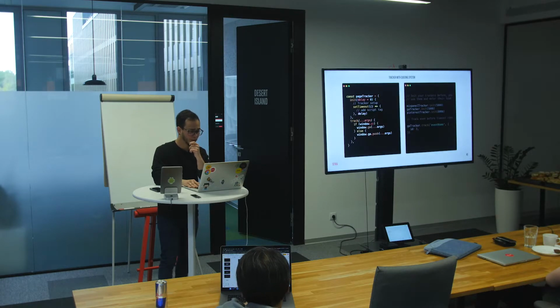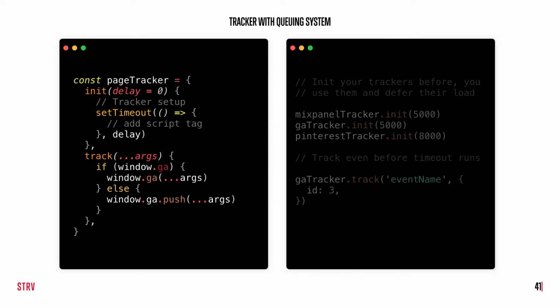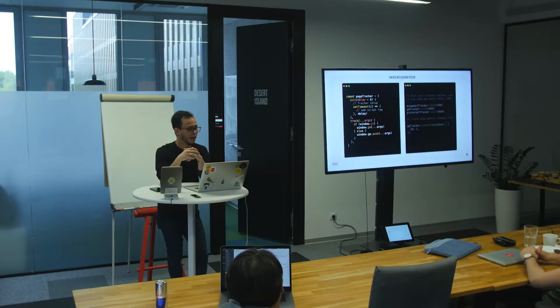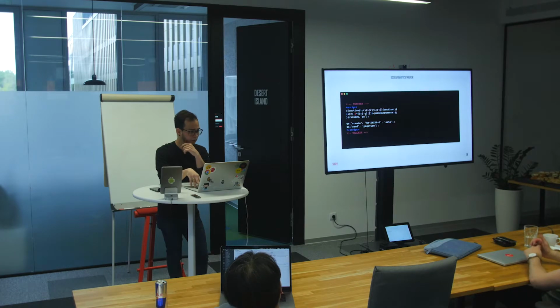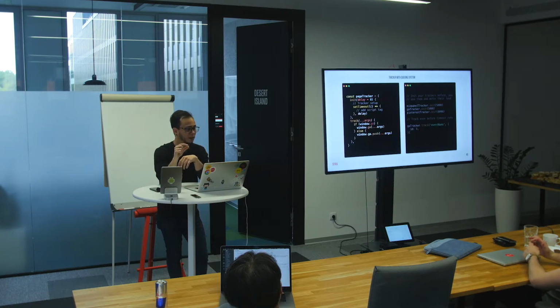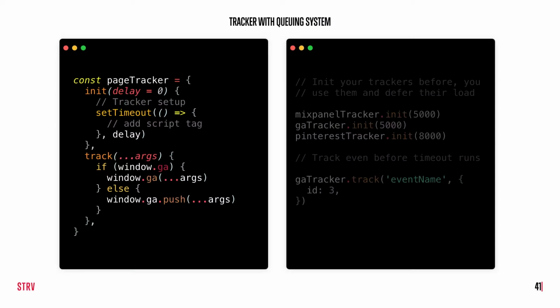So what we can do is create our own, something like this. It's a page tracker object with 2 methods. One is init and the other one is track. In init, we can pass the amount of milliseconds we want to delay this tracker. And where it says tracker setup, we're going to put the same code that was here. And in setTimeout, that's where we're going to put the yellow part, the part that actually adds the script tag and fetches the thing.